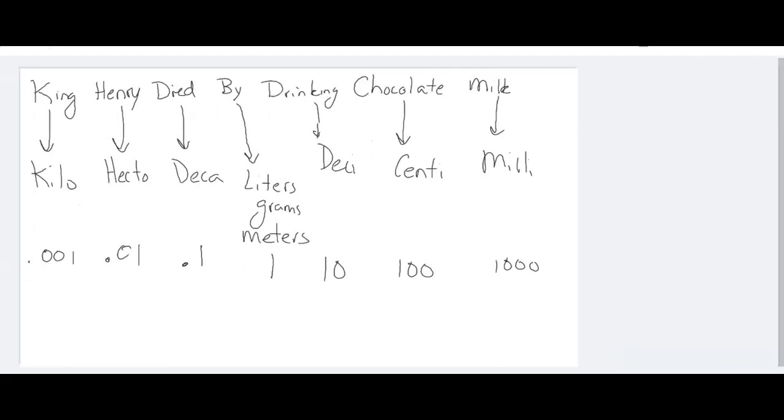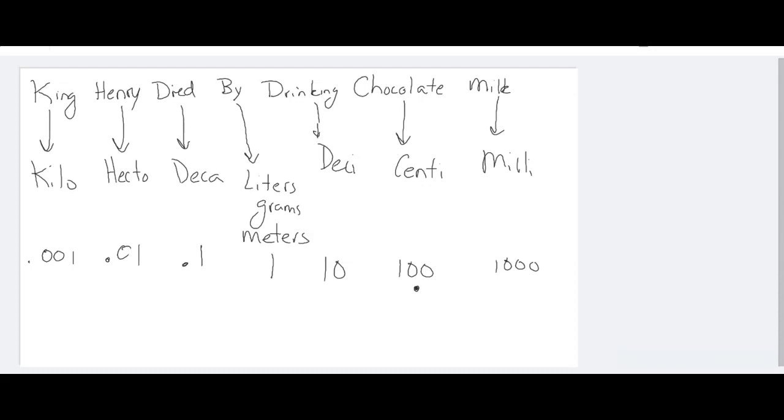So let's go to the next slide. Let's say that we are going to convert 150 centimeters to meters. In order to do this, our decimal point is right here. If we are converting from centimeters to meters, we would go back and we see that centimeters is here.